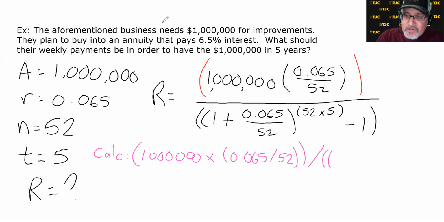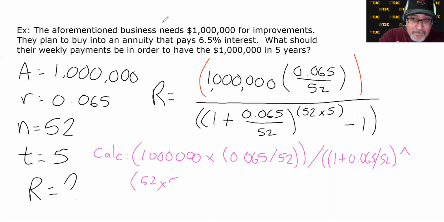Double open parentheses, 1 plus 0.065 divided by 52. Close parentheses. Let's go ahead and go down here. Open parentheses, exponent. Open parentheses, 52 times 5. Close parentheses on the exponent, minus 1, close parentheses on the denominator.